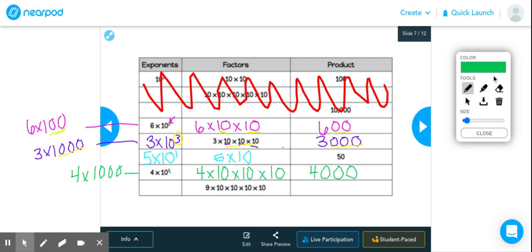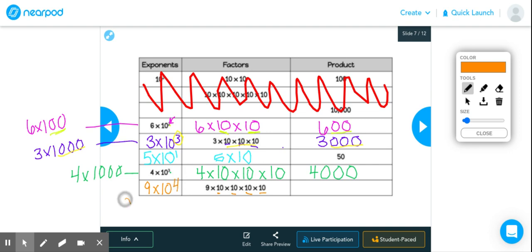All right, so we've got one more that we're going to review right now. It says 9 times 10 times 10 times 10 times 10. So let's count those tens. 1, 2, 3, 4. So that means in exponent form, it's going to be 9 times 10 to the fourth power, because I'm using 4 tens.